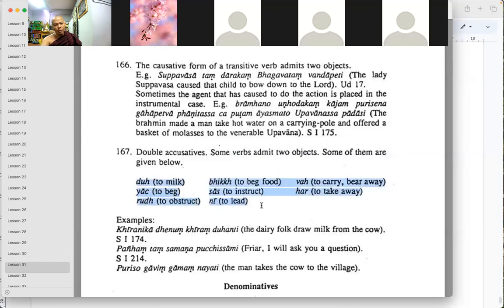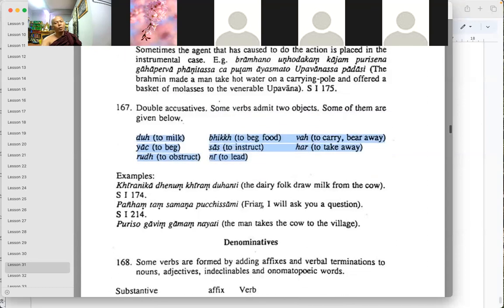So with these roots, they need two objects. Without the causative, originally, they themselves need two objects. So here, gāviṃ, they know one object, and then duhati.